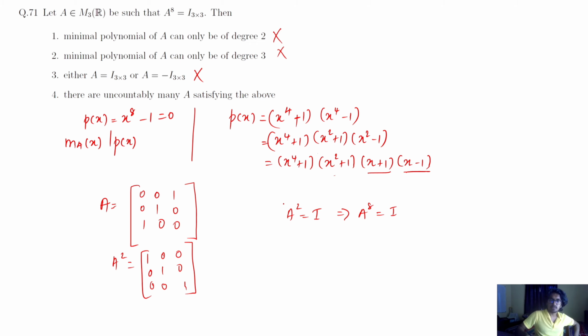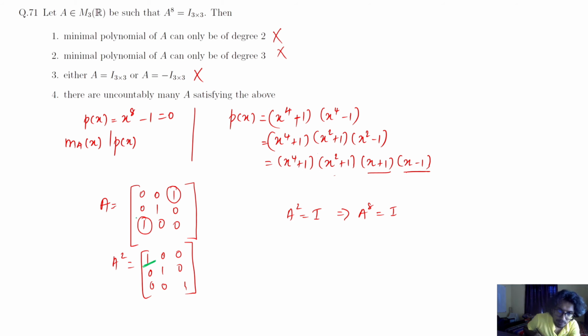What I am doing here is, if you observe this entry, when I multiplied this entry with this, that contributed this one, that contributed my first entry.